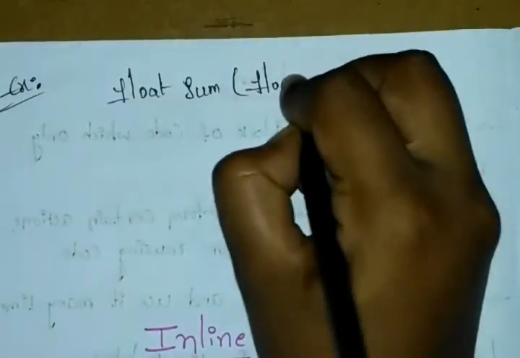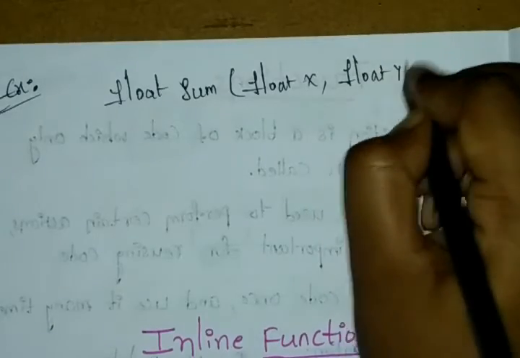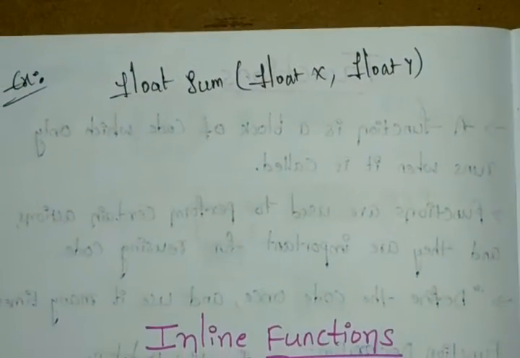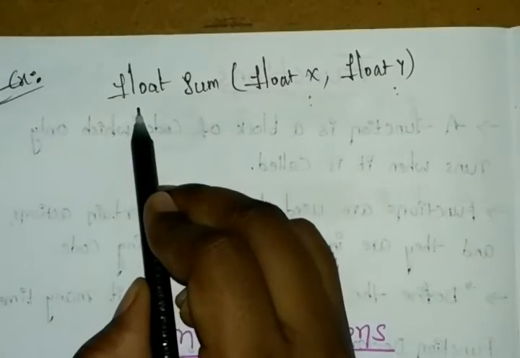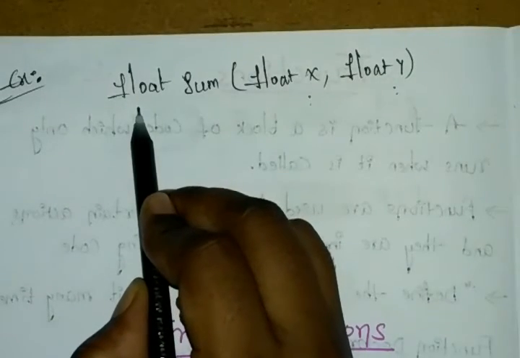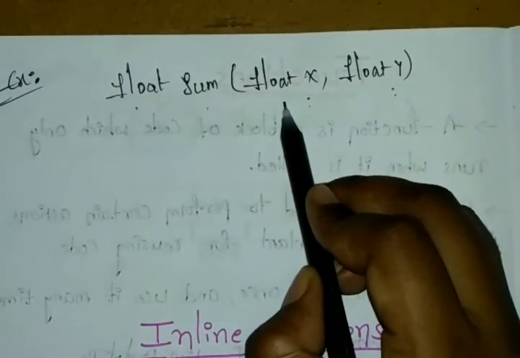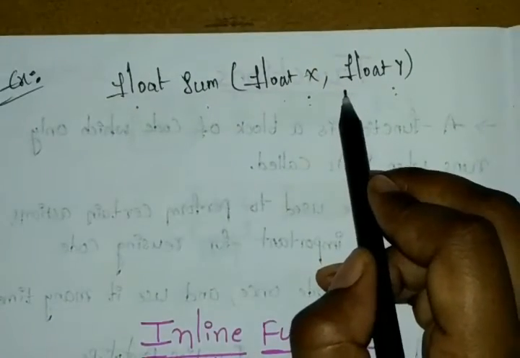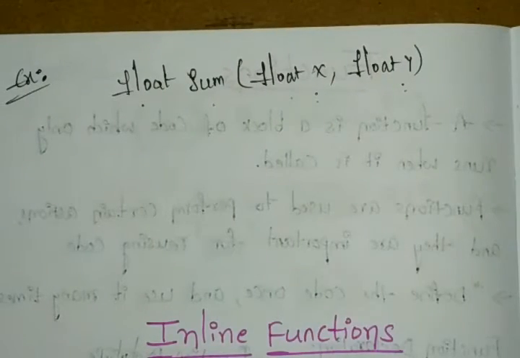I'm choosing float x and float y. Here the variables are x and y. And this is the return type. Float is right now the return type and sum is the function name. Float is already our data type. So these x and y are our variables.